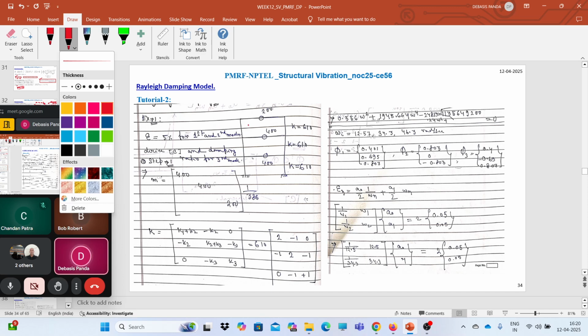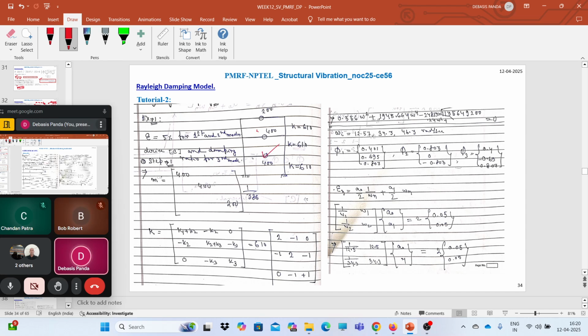For example, this three-story building has masses of 400, 400 and 200 kg. The stiffness is given for the first story, the third story, and the second story is the same. For the first two modes, the damping ratio is given as 5%. Zeta 1 is 5%, and zeta 2 is also 5%. We need to calculate the value of zeta 3 as per the Rayleigh damping model.